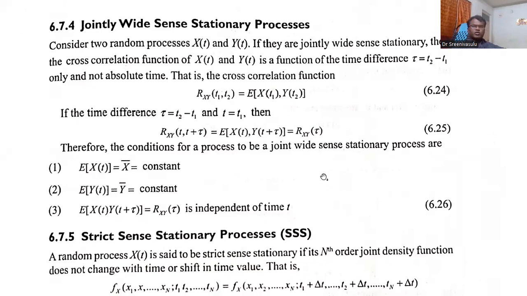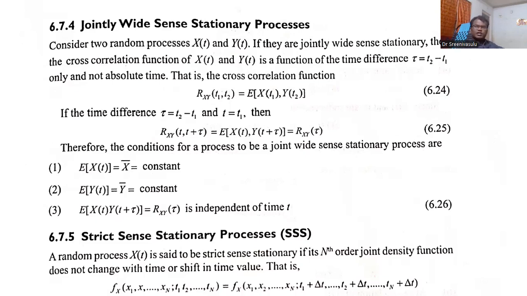Today we are going to discuss wide sense stationary process. In the previous class we have already seen this. A wide sense stationary process means the random process satisfies two conditions.